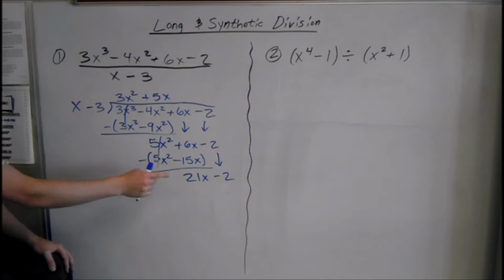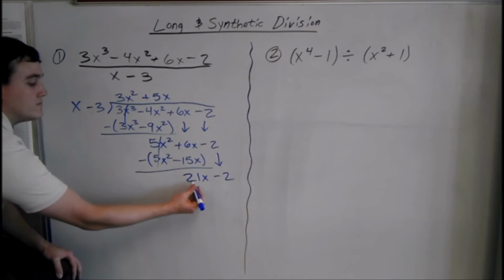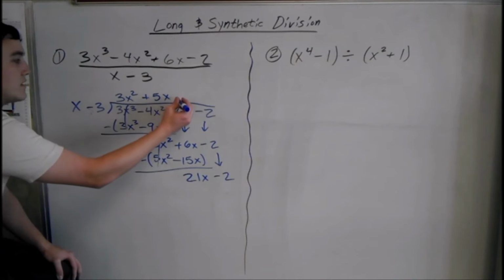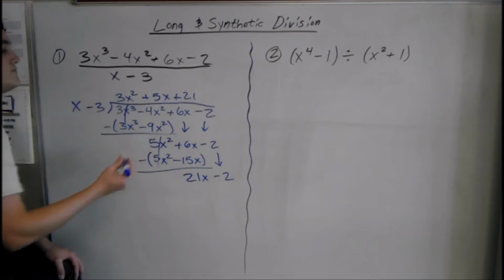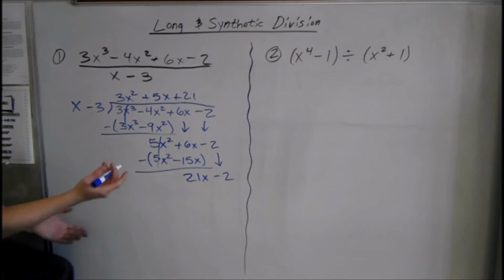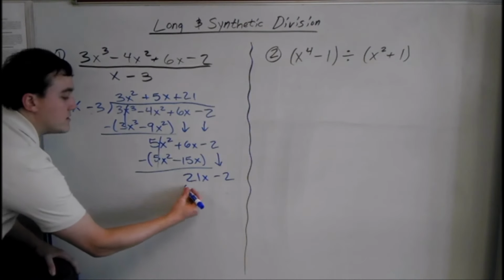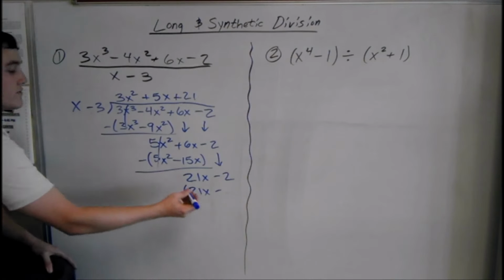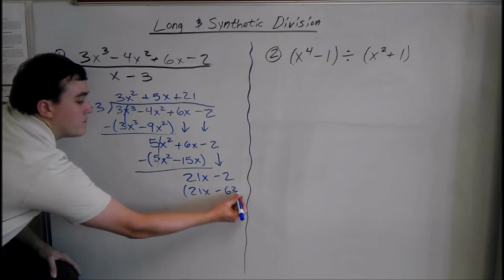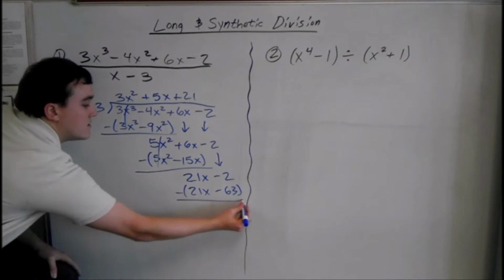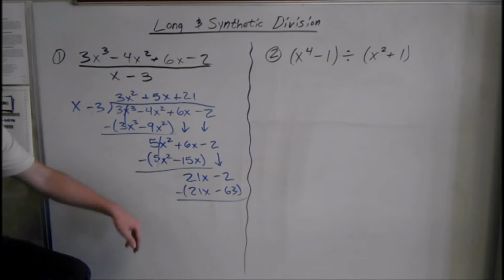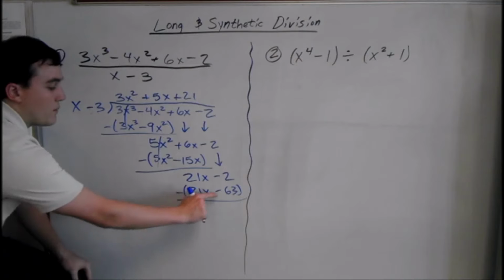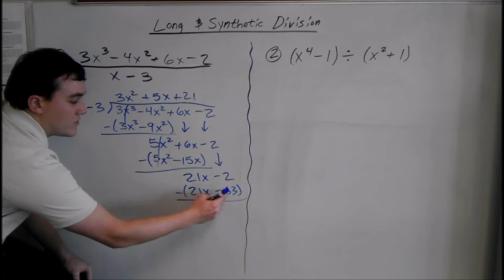How many times does x go into 21x? Well, the x would cancel, and we'd just be left with plus 21. And then do the same thing. 21 times x is 21x, minus 21 times negative 3 is negative 63. And we subtract. Those cancel, and we get negative 2 minus the negative means plus 63.